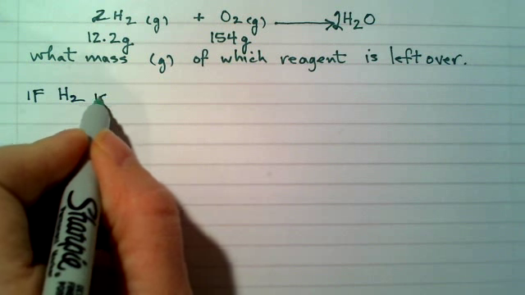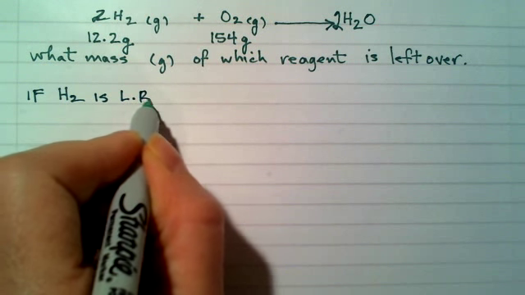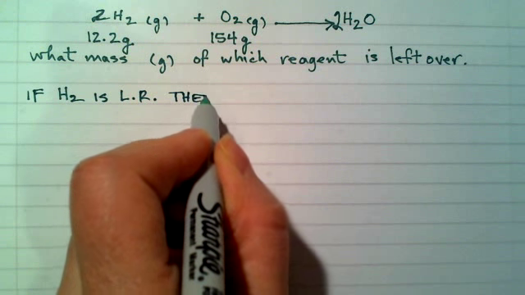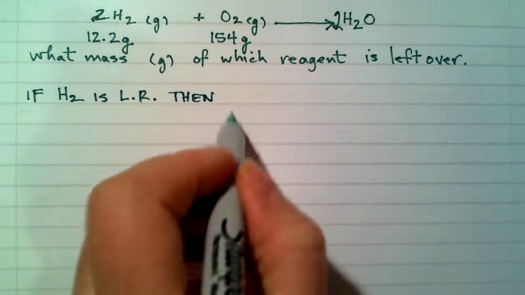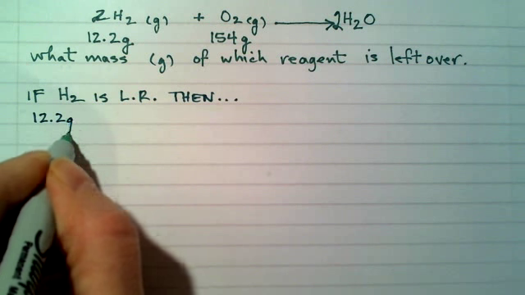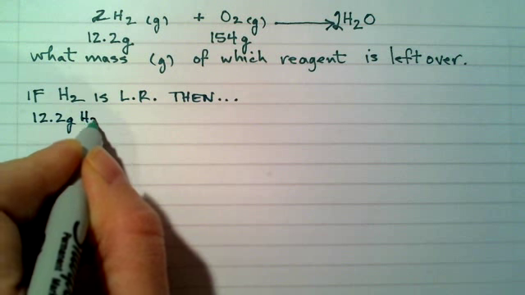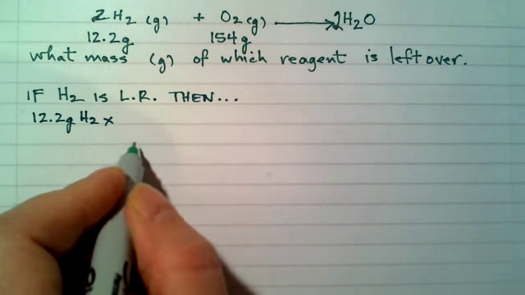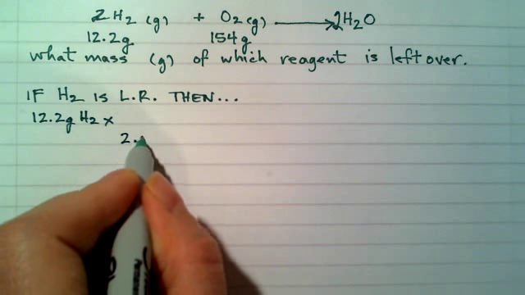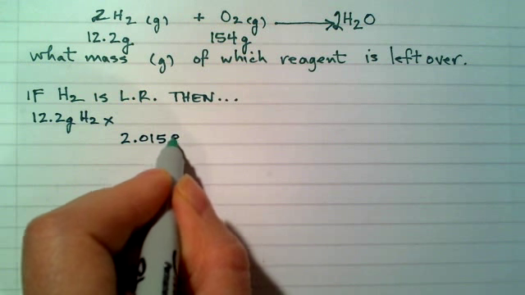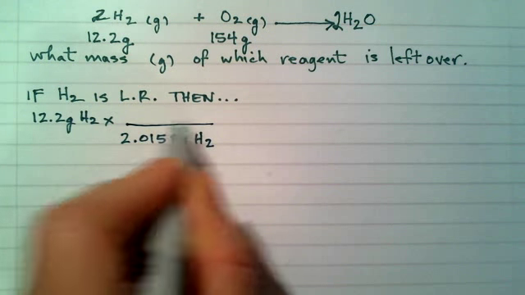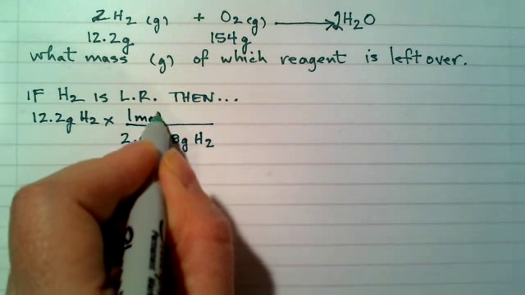If hydrogen gas is the limiting reagent, then what mass of water would it produce? I'll convert from 12.2 grams of H2, and I know that 1 mole is 2.0158 grams, so that brings me to moles.